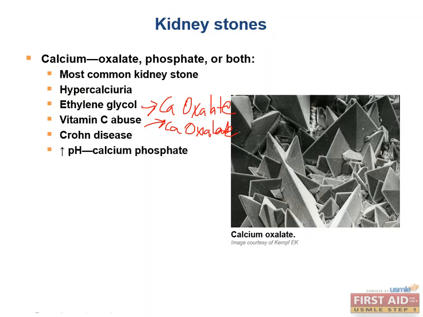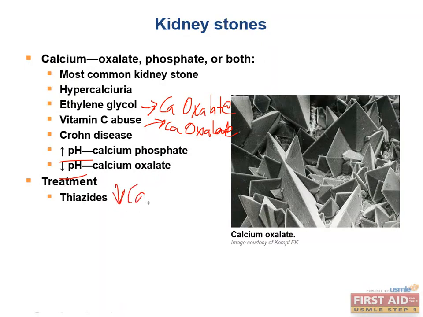Now, it's helpful to remember that calcium phosphate precipitates in increased pH, and calcium oxalate precipitates in decreased pH. So treatments will include thiazides, which, if you remember, do what to calcium excretion?